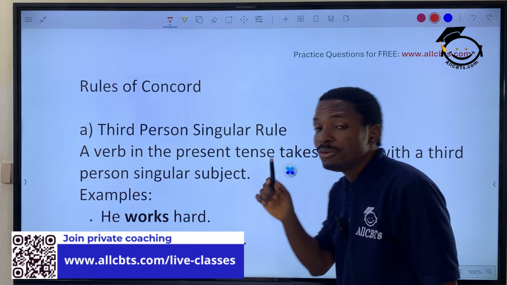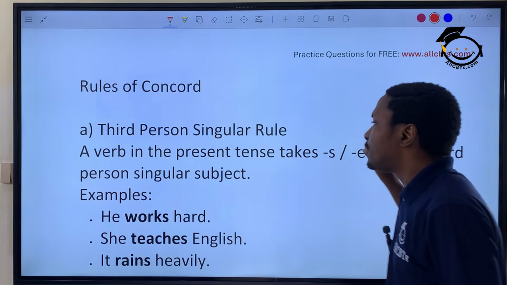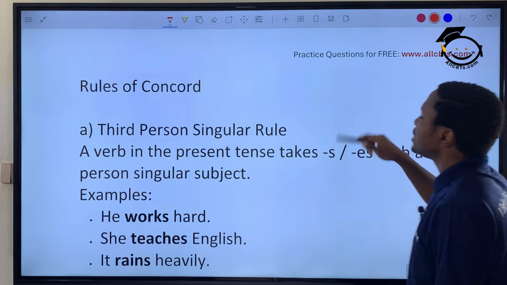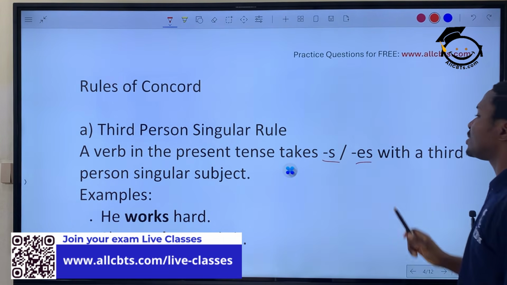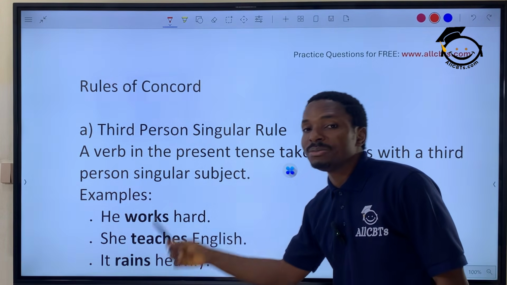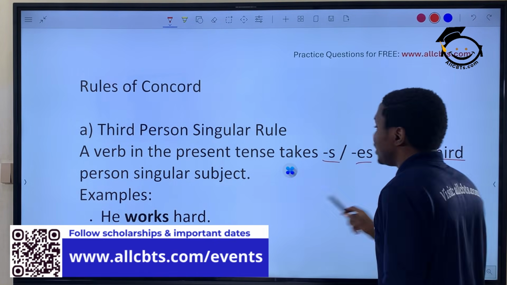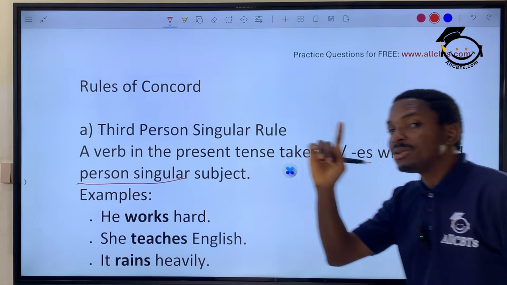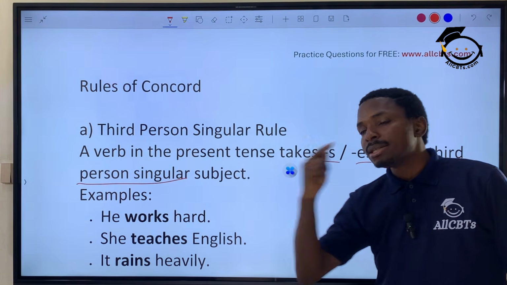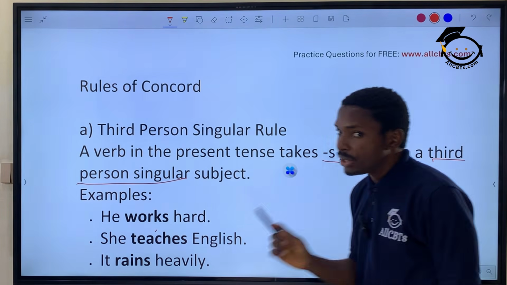Alright, so rule A, third person singular rule. A verb in the present tense takes S or ES with a third person singular subject. When the subject is about a third person singular, that means one person in the third person, your verb must have S or ES.